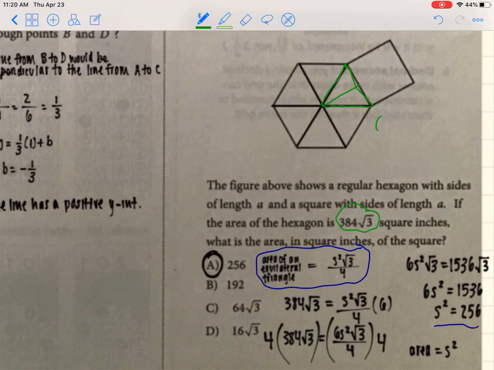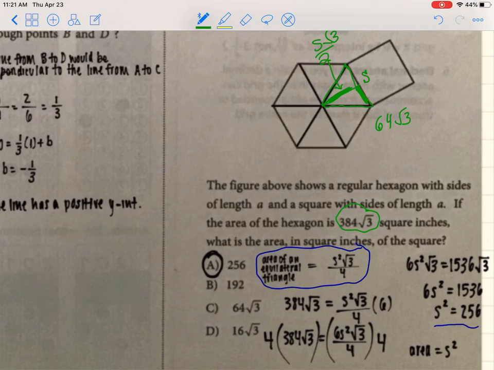So one triangle is 64√3. And that really is representing, let's say this is S, then you know this is S over 2. So this should be S over 2√3 because of the 30, 60, 90 properties.